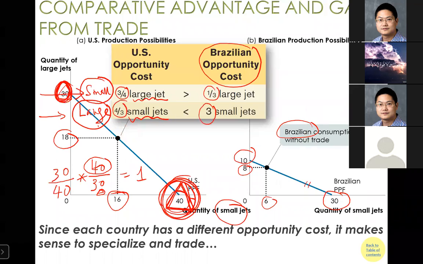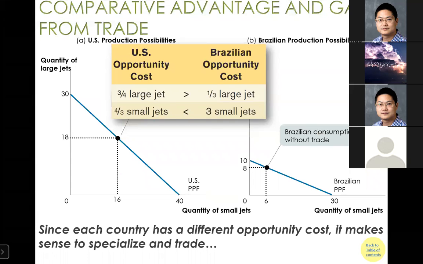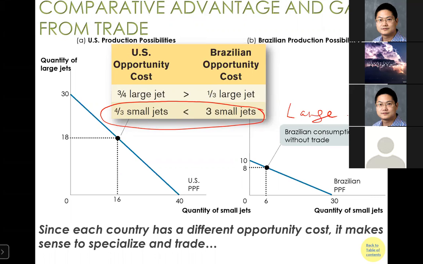Let me erase everything so we can focus on the numbers. By comparing their opportunity costs, we can reach a conclusion. The US has a comparative advantage in this row, which is in terms of larger jet, meaning the US is specialized in producing larger jets.